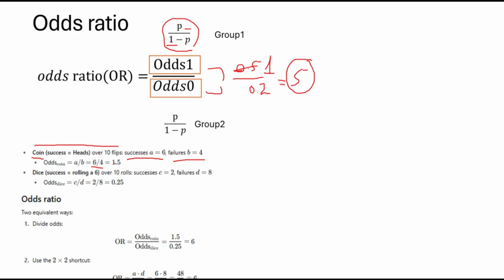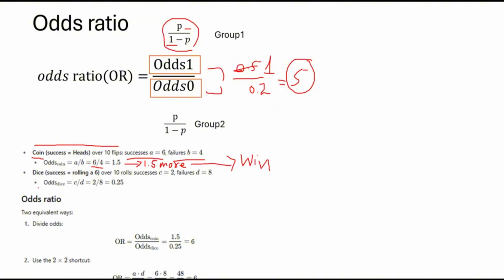So if you divide 6 by 4, you get 1.5, which means there are 1.5 times more chances that you're going to win the game over losing.